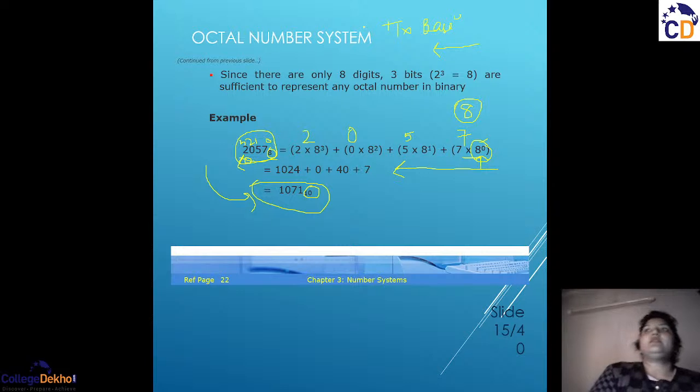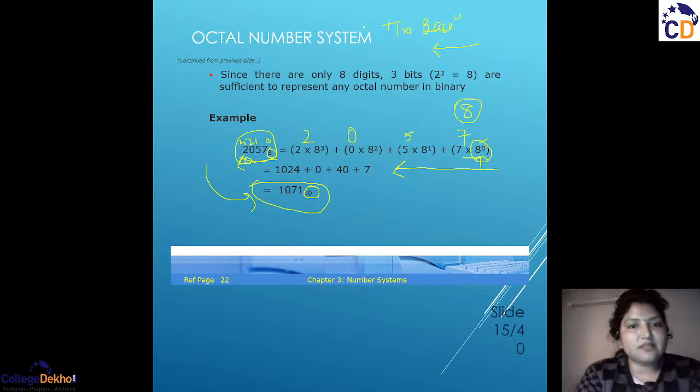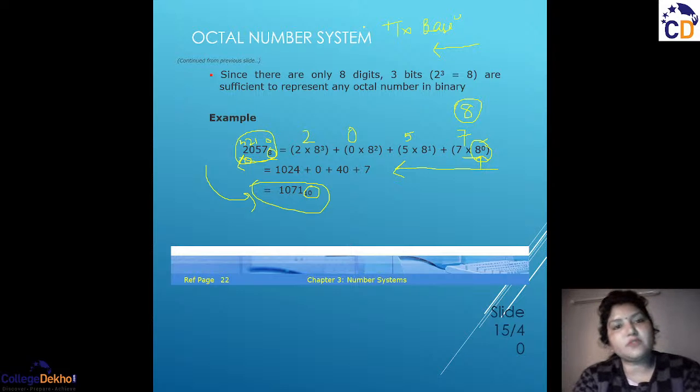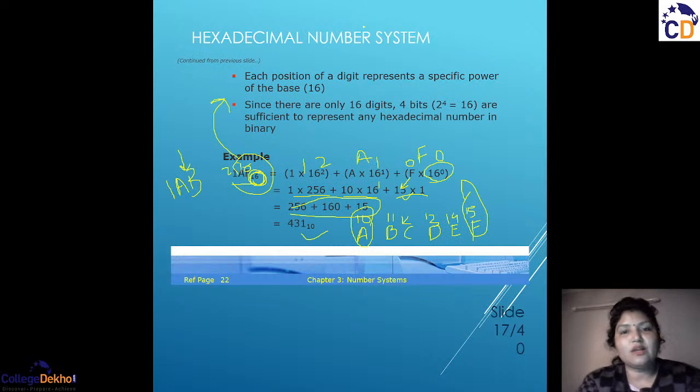So the main point to be included is, whenever we are using hexadecimal, we have the options from 0 to 9, right? And from A to F, because it is the only number system which has some alphabets also. So performing computation is a very easy task, until and unless you have not remembered anything.